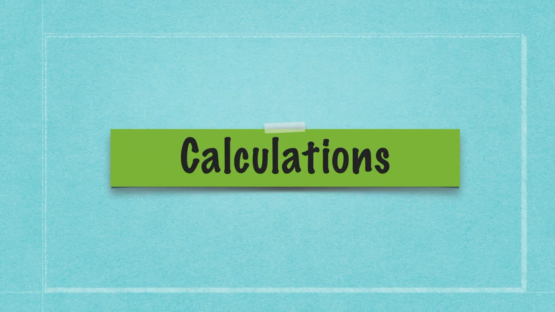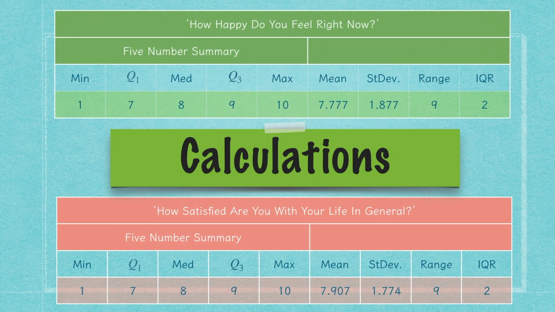In order to create a box plot and find possible outliers, I first calculated the 5-number summary using Excel functions. Then I also calculated the standard deviation and the range of each variable. From the 5-number summary of happiness score, 25% of participants rated their happiness score between 1 to 7, and 25% of the happiest people rated between 9 to 10.